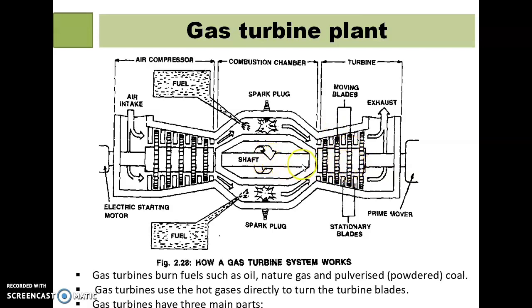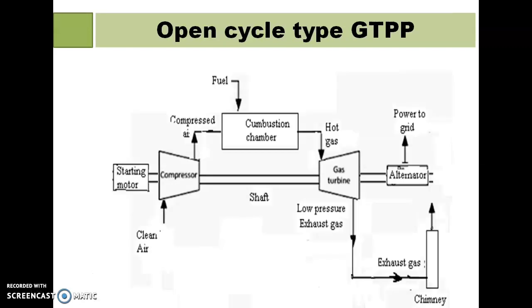As the same shaft is connected to the generator, this mechanical energy is given to the generator, and the generator converts the mechanical energy into electrical energy. So this is the main working of the gas turbine power plant, and the three main components are the air compressor, combustion chamber, and turbine, that is the gas turbine.